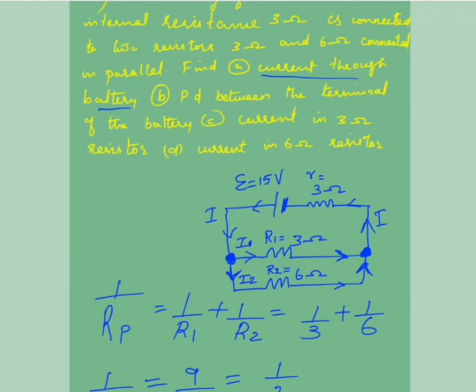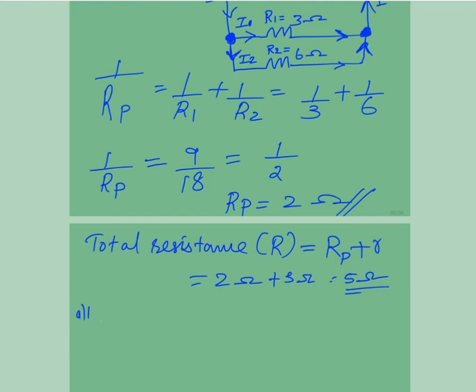From Ohm's law, current is equal to voltage divided by total resistance, that is V is equal to IR, therefore I is equal to V divided by R. Here V is the main voltage, which is the EMF of the cell, so instead of V you can write E also. That is 15 volt divided by 5 ohm, which is the total resistance. So we got the value of the main current as 3 ampere.